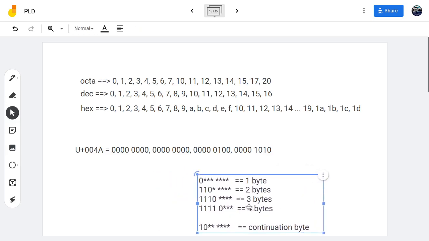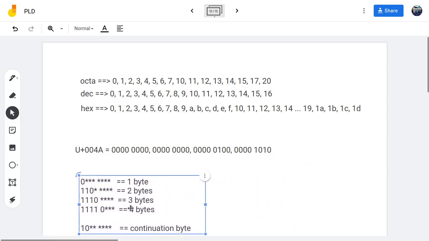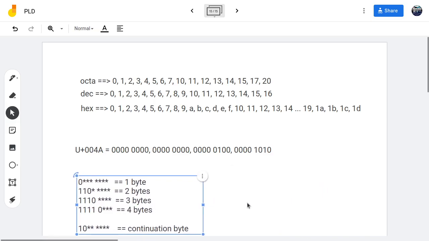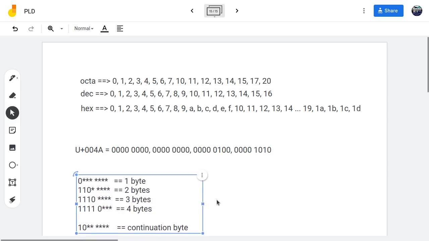So let's try to interpret this code now. Now we are going for the significant ones. When we say significant, we are targeting the last point where we have 1. So let me encode this right now in UTF-8.